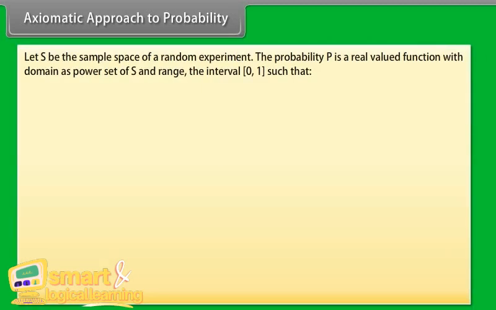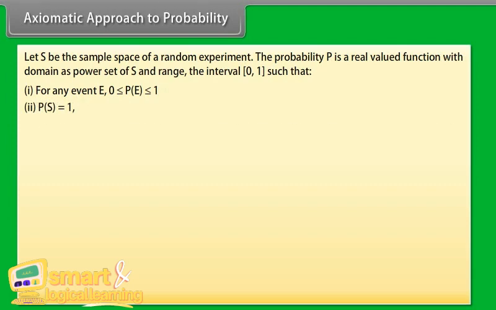Axiomatic approach to probability. Let S be the sample space of a random experiment. The probability P is a real-valued function with domain as the power set of S and range the interval [0, 1], such that 1. For any event E, 0 is less than or equal to P(E) is less than or equal to 1. 2. P(S) is equal to 1.